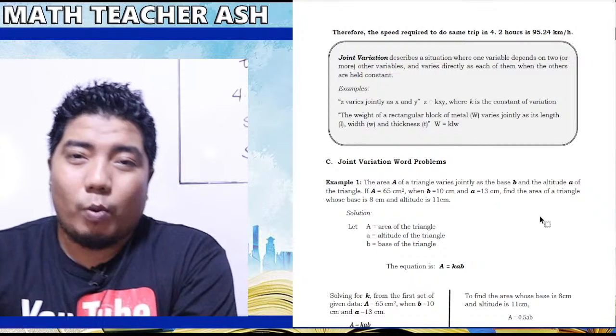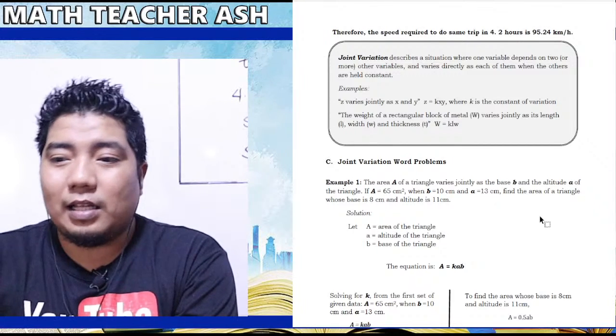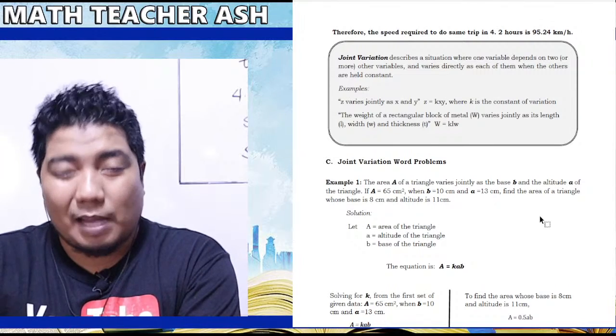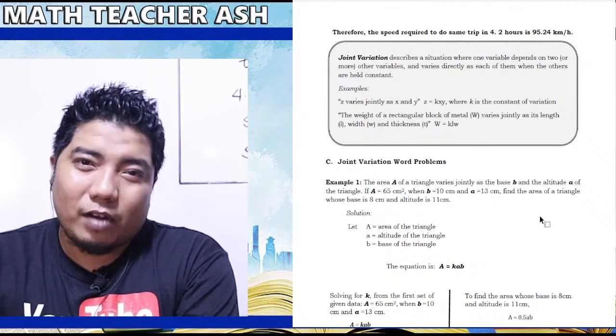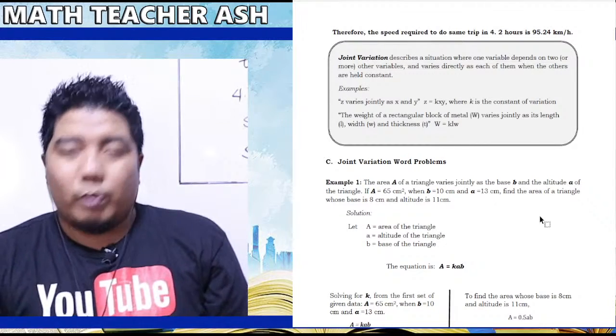I hope when we are discussing here, you are also listening to the typographical errors of our module so that you will not be confused. So we will correct this one.